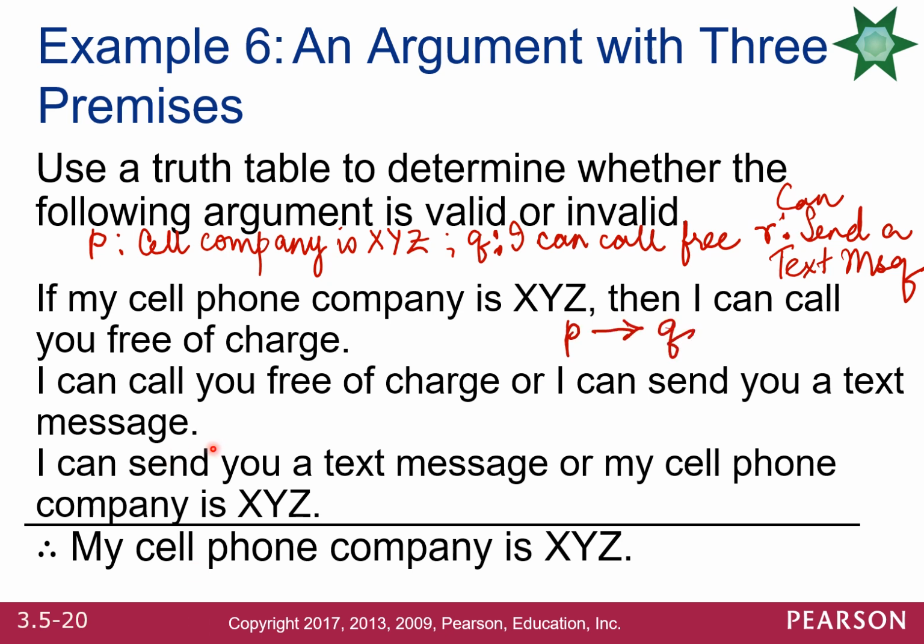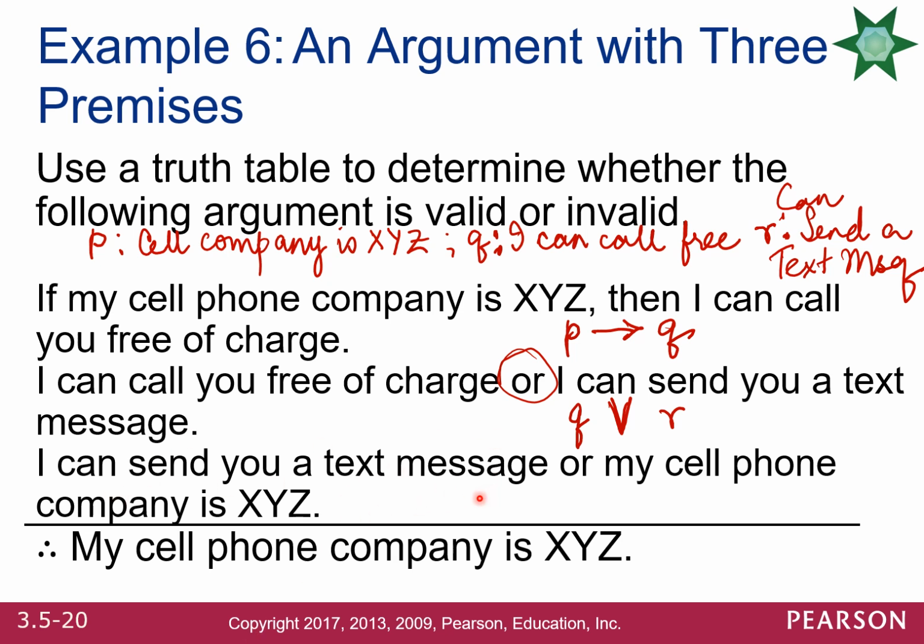And then the next premise is I can call you free of charge, or I can send you a text message. So here we have the or statement. I can call you free of charge is Q, correct? And then send you a text message is R, and there is an or in between the two, so Q or R.